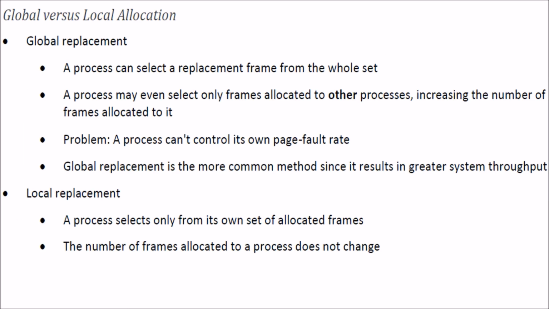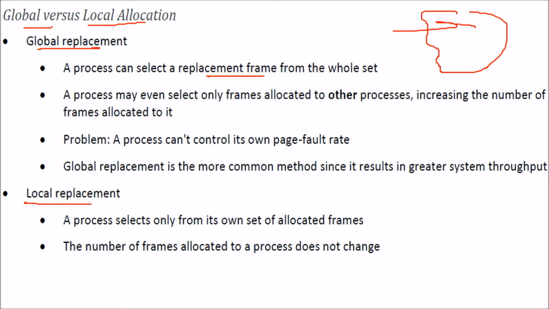So we can have global as well as local allocation, that is, global replacement and local replacement. Global replacement means a process can select a replacement frame from the whole set, all the available frames. With local replacement, the process selects only from its own set of allocated frames. In global replacement, a process may even select frames allocated to other processes.